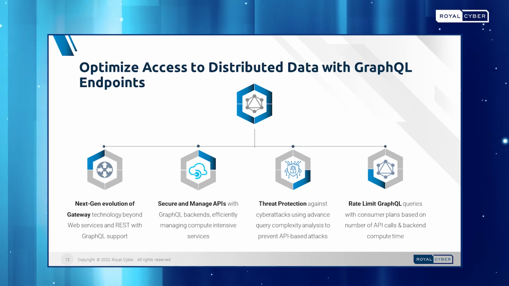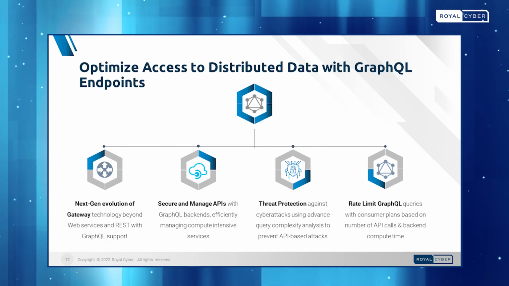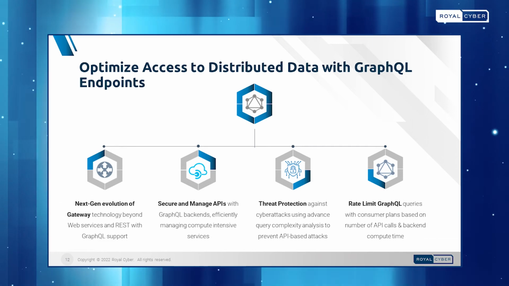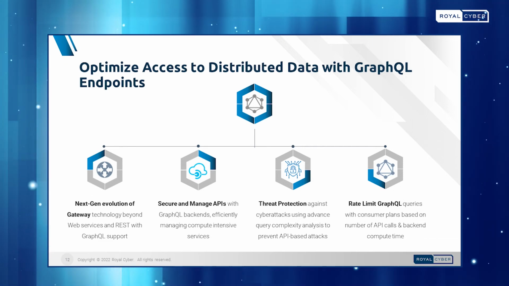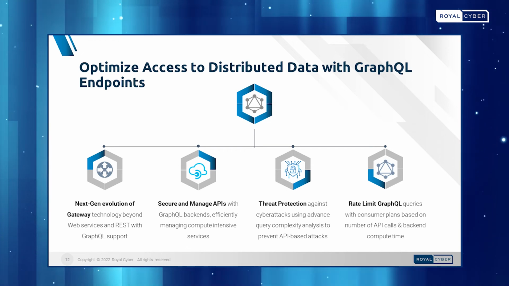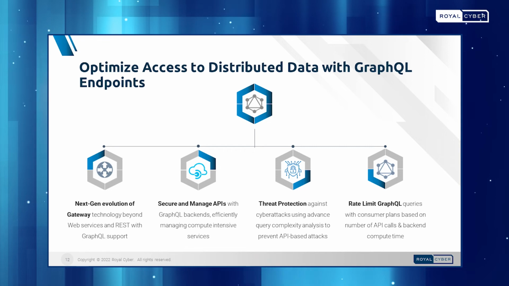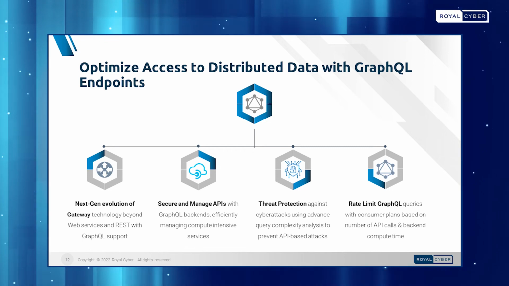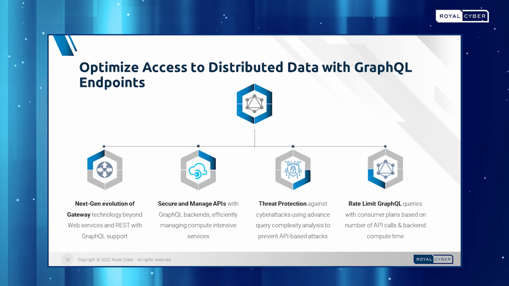It also has benefits around rate limiting, because if you are using a RESTful endpoint, then you will have to make multiple calls. But with GraphQL, you tend to make fewer calls to the backend.